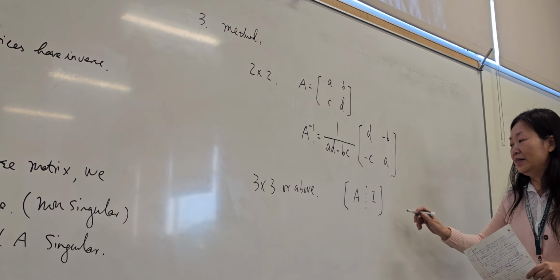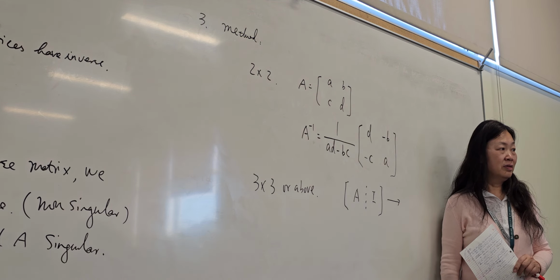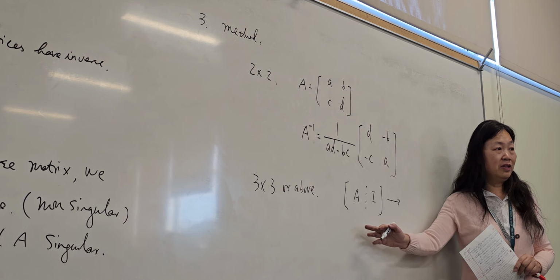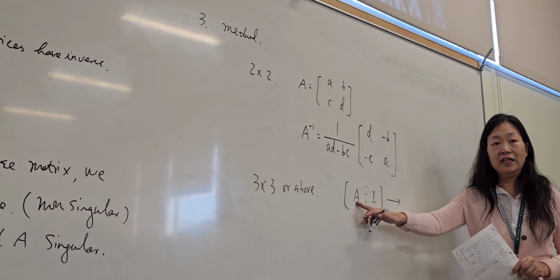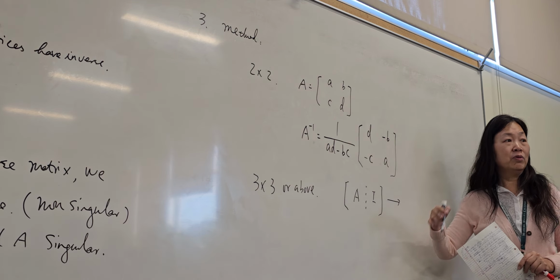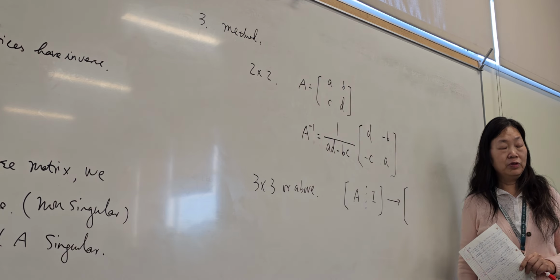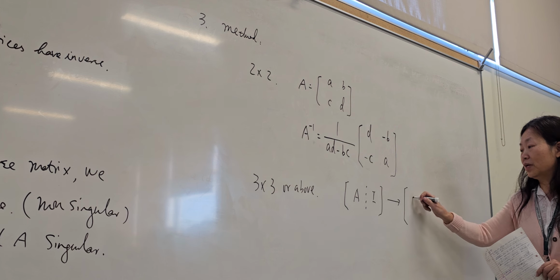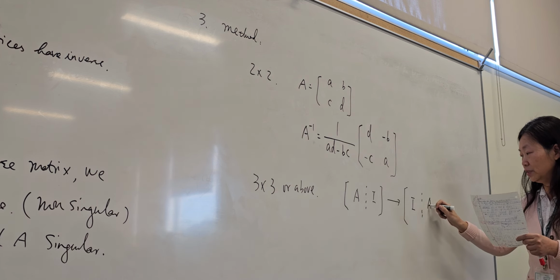Then you perform Gaussian elimination, a row operation, to make it a reduced row echelon form, so that A becomes I, and the other side becomes A inverse.